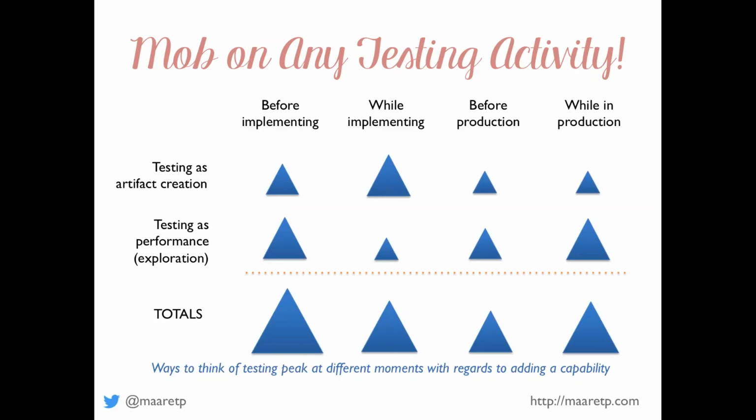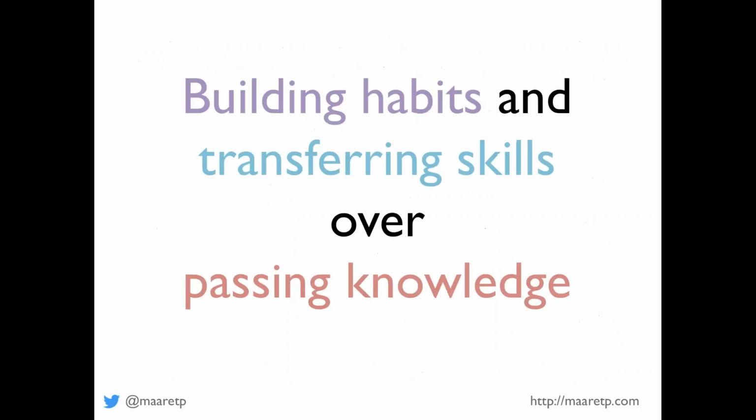But overall, the effort with mobbing goes heavily towards the left side and maybe even the rightmost side while in production. You could think about that as shifting work left because it is feedback for the other cycles of doing this.